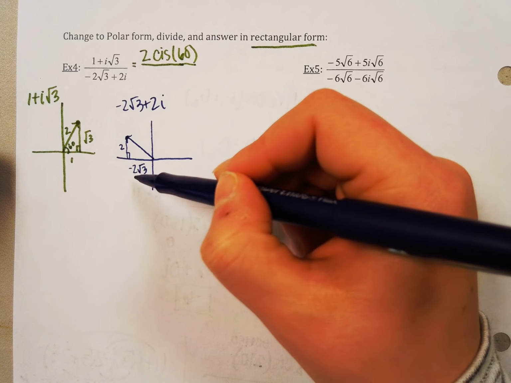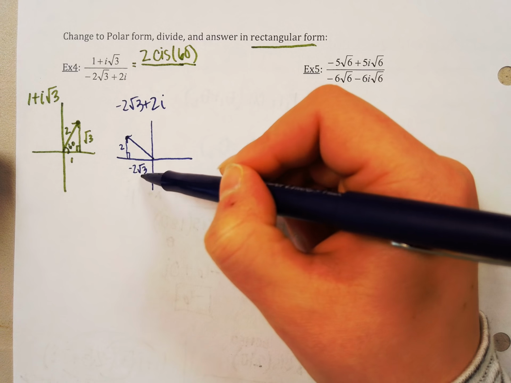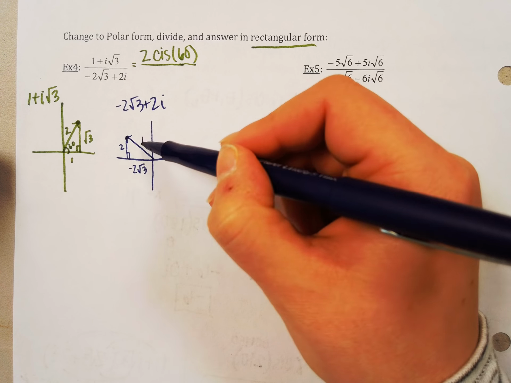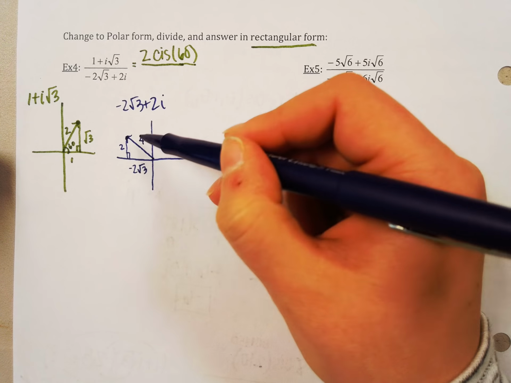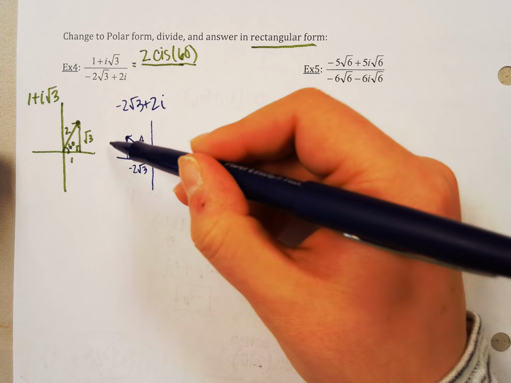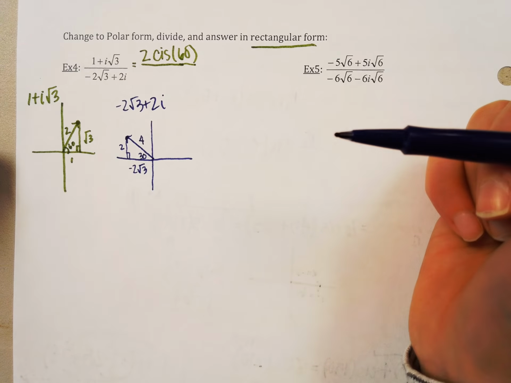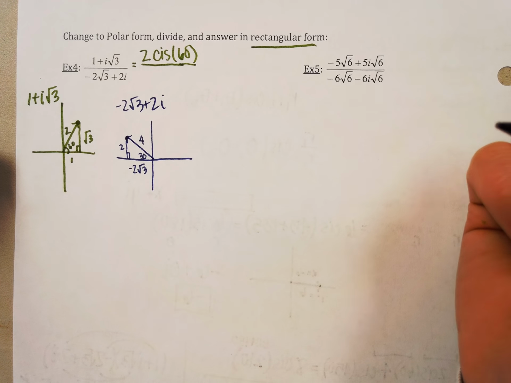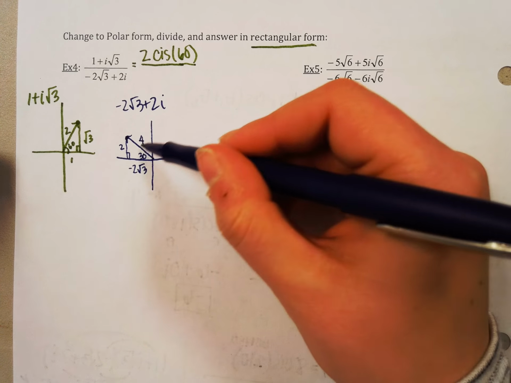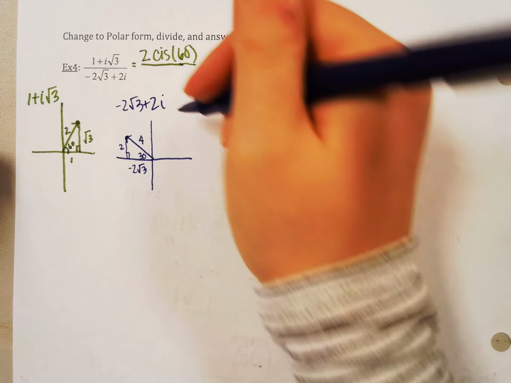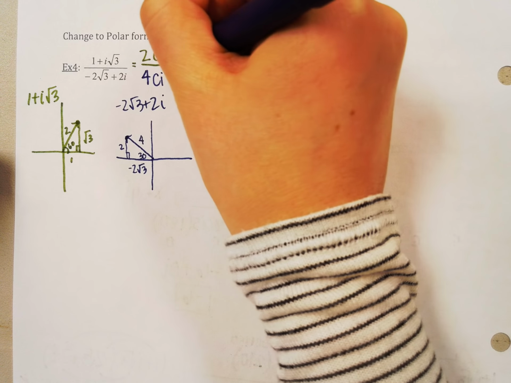So x root 3, and then 2x would be 4 for our hypotenuse, double our short leg. This is our short leg since it's across from the shorter side, the one half version, not the root 3, in other words. So this angle in quadrant 2 is going to be 150 degrees. Our r value is 4.